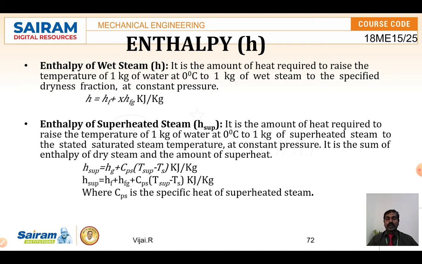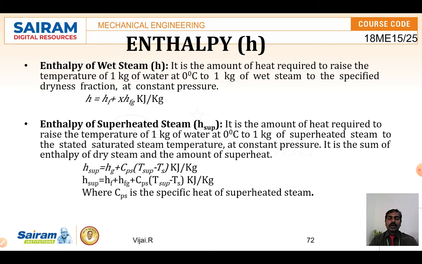So from 0 degree water to a certain level of steam, the enthalpy of wet steam is the amount of heat energy required to raise 1 kg of water at 0 degrees to a wet steam level, at a particular dryness fraction.